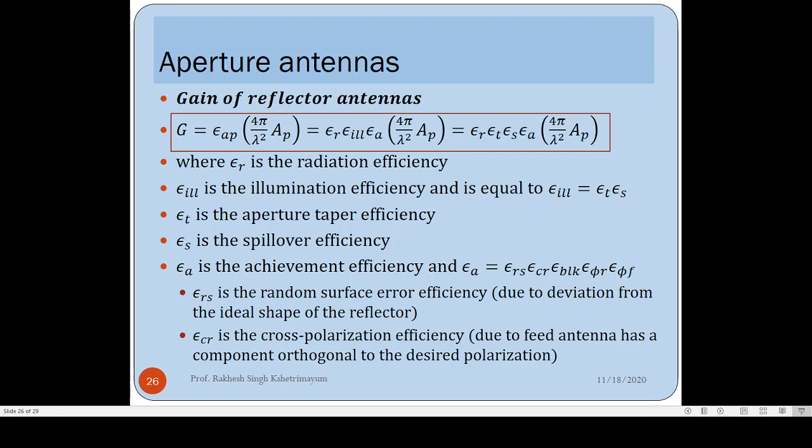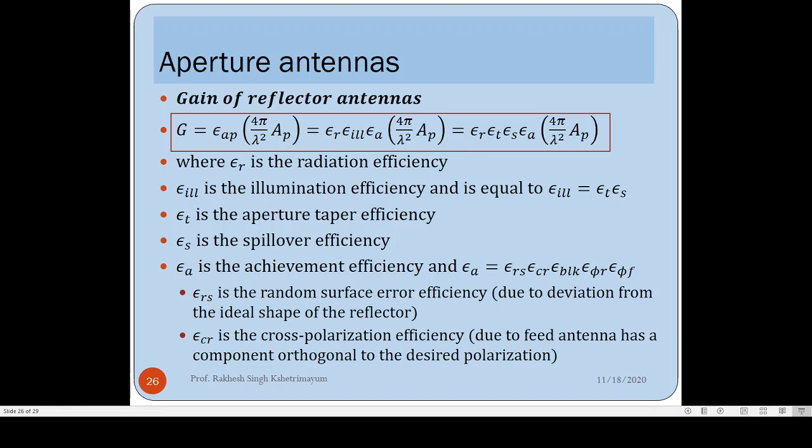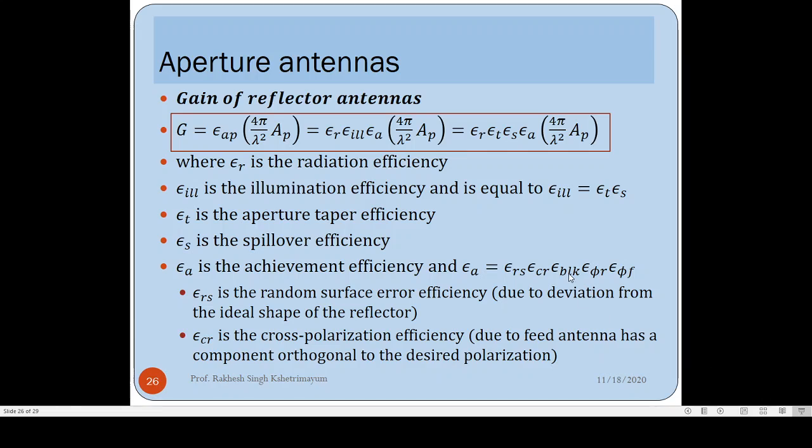We are assuming that the reflector is in the far field of the feed antenna, and this feed antenna cannot have pure polarization. It will have some cross polar component also. Because of that, we'll have some loss in efficiency. This is called cross polarization efficiency.